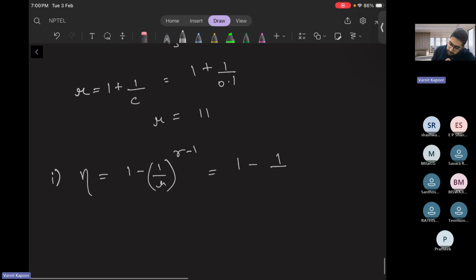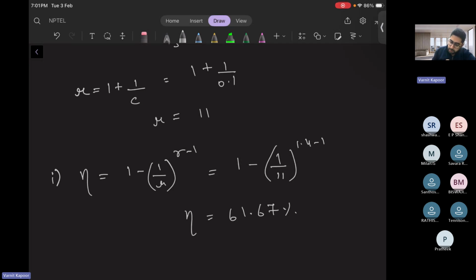So 1 minus 1 by 11 to the power of gamma minus 1, where gamma for air is 1.4, so 1.4 minus 1 is 0.4. It comes out to be 61.67%. So efficiency you got as 61.67%. Very easy.